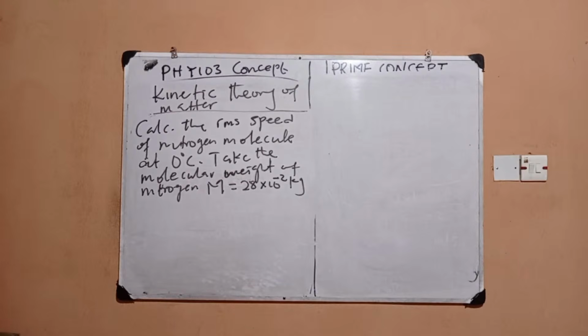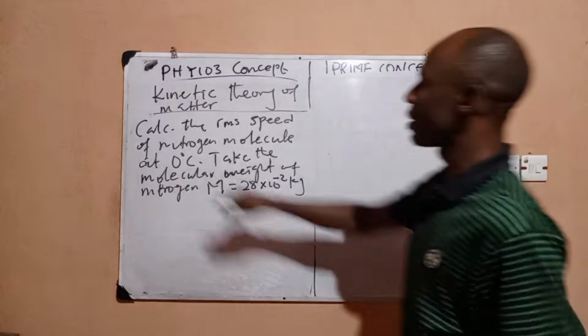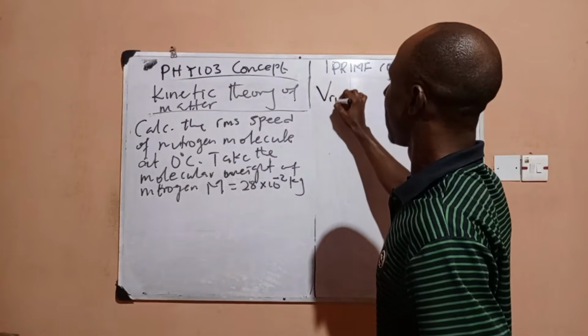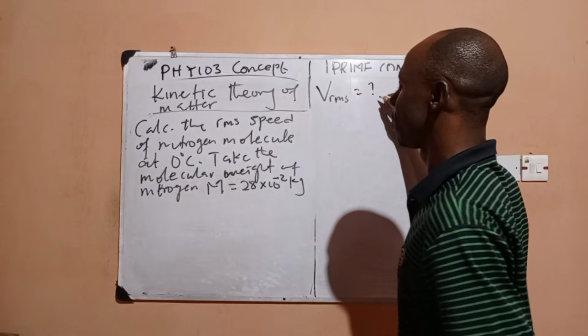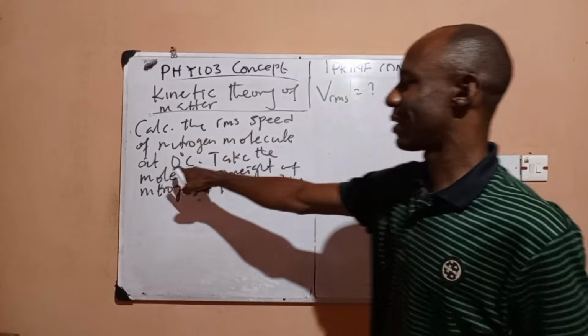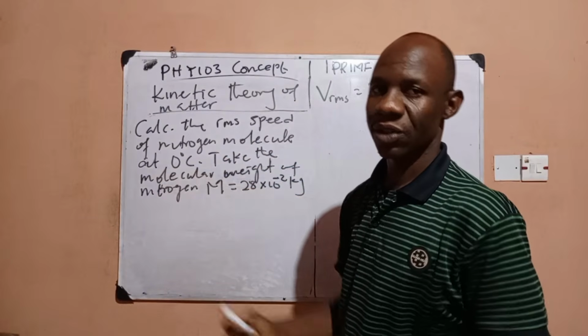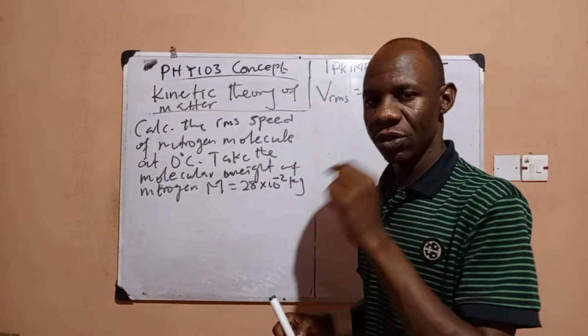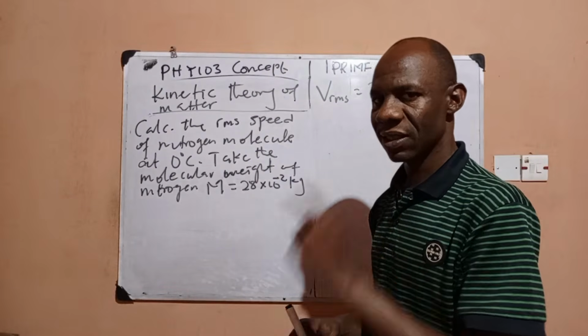All right, let me solve. Now they said calculate the RMS speed. Again, RMS is what we are looking for of nitrogen molecule at a temperature of 0 degrees Celsius. Never solve a problem like this using temperature in degrees Celsius.